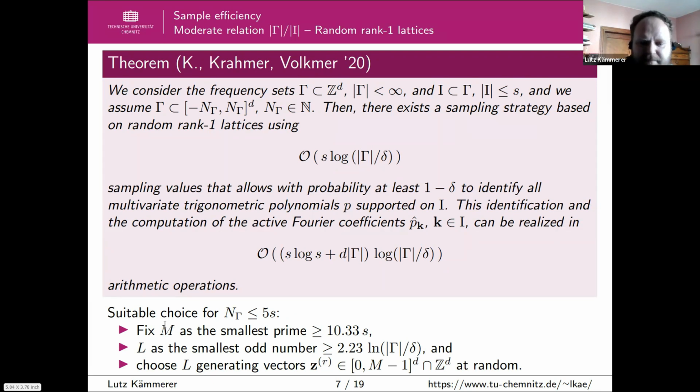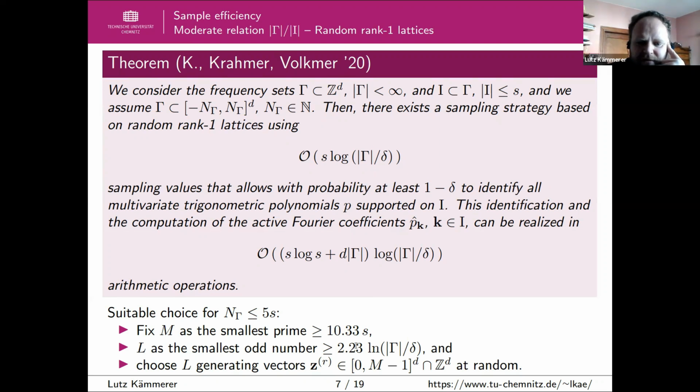And you can fix m just as the smallest prime larger than this thing here, and the number of lattices you would like or you need to use in order to guarantee this probability here is the smallest odd number larger than this term. And really you see these are reasonable constants, right?